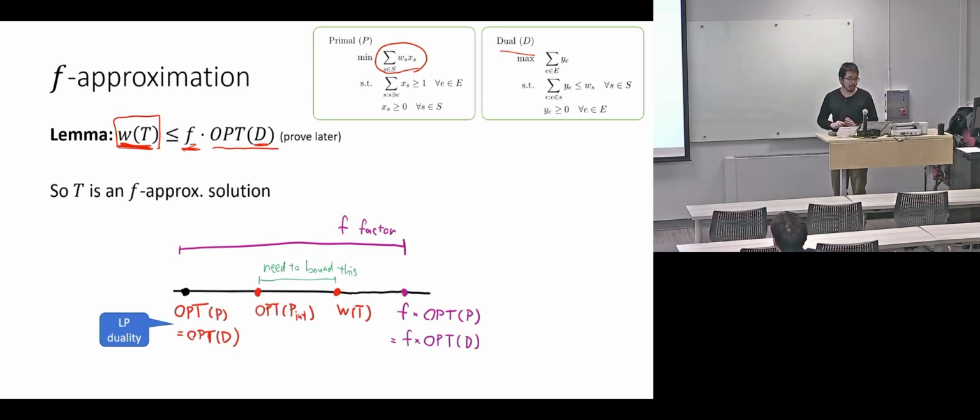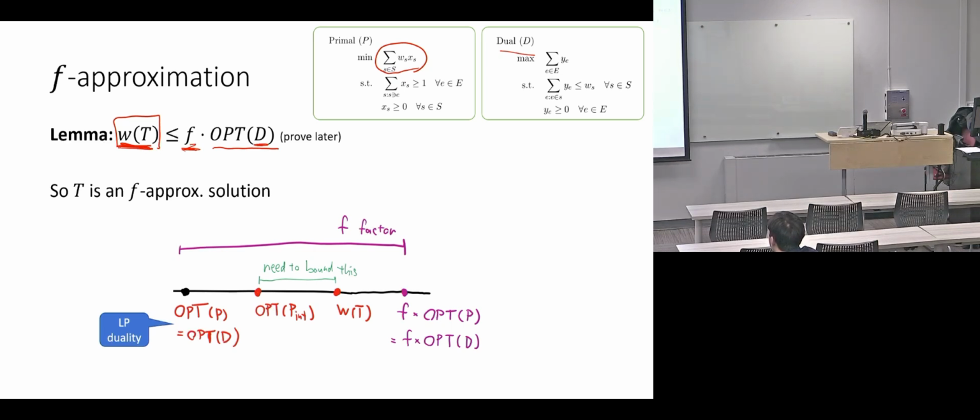We will prove this soon, but if this is true, then we are done. Why? This is our set T, the integral primal solution. We want to minimize this, so clearly it's at least the optimal integral solution, OPT of the IP. But OPT of the IP is also at least OPT of the LP, because this is the LP relaxation.